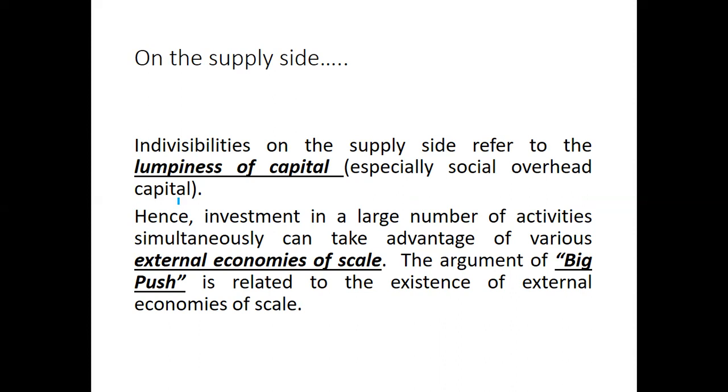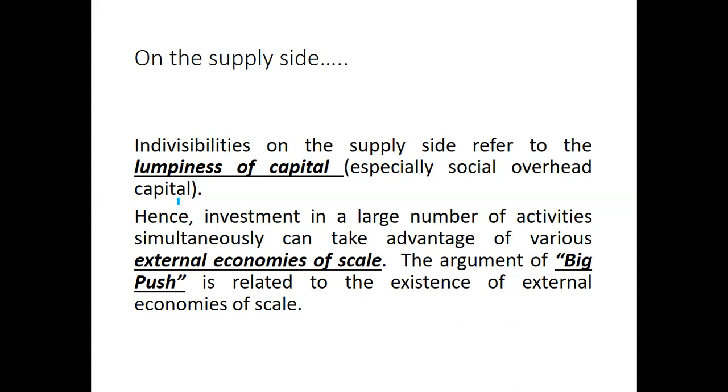What are external economies of scale? External economies of scale refer to the advantages that accrue to firms because of development taking place outside the firm. So in order to enable different sectors in the economy to take advantage of external economies of scale, we need investment in a large number of activities together.